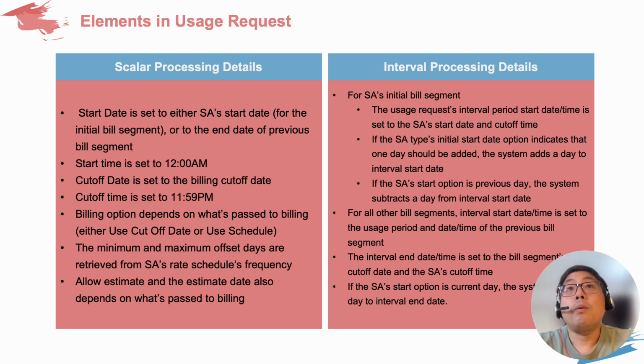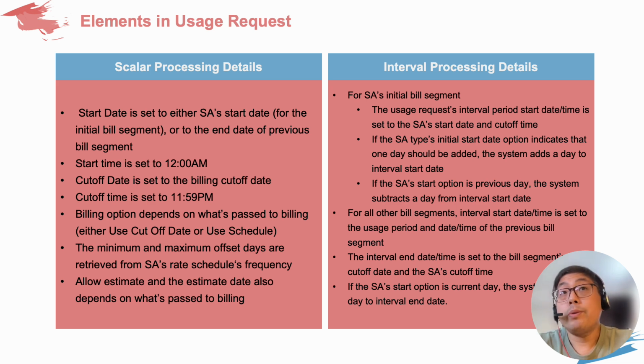But if you say I want to use schedule, that is asking MDM to look at the schedule. If there are any reads in between, and maybe there's a 3-day window in between, then give me the accurate read if I have an accurate read.